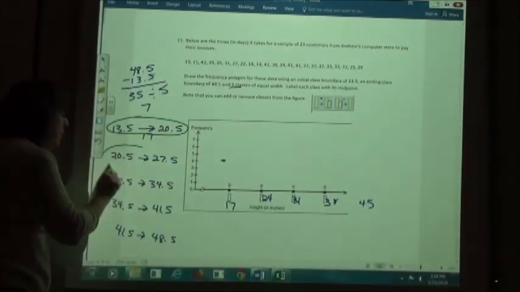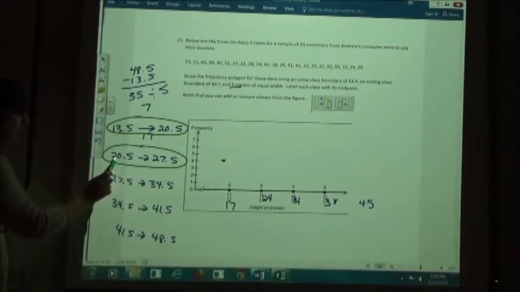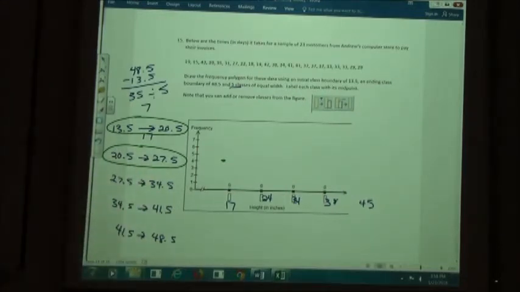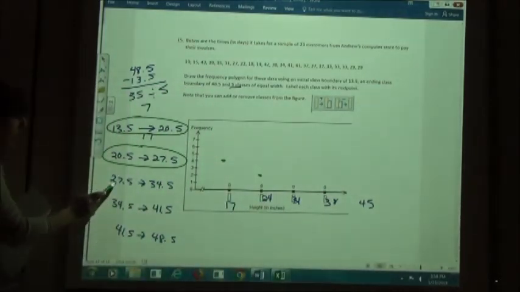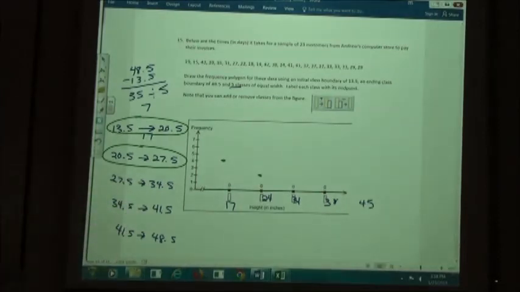The next one, we're going between 21 and 27. 2. The next one, we're going between 28 and 34. 7.